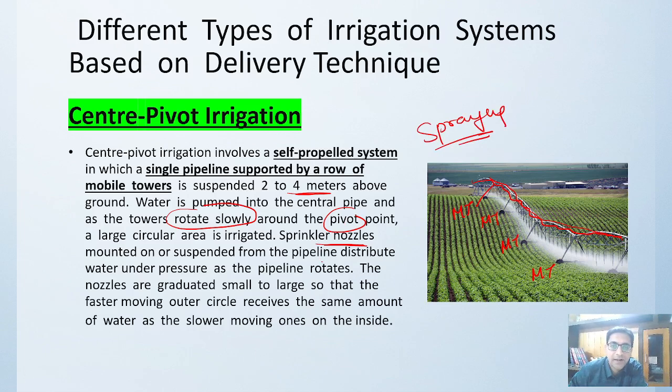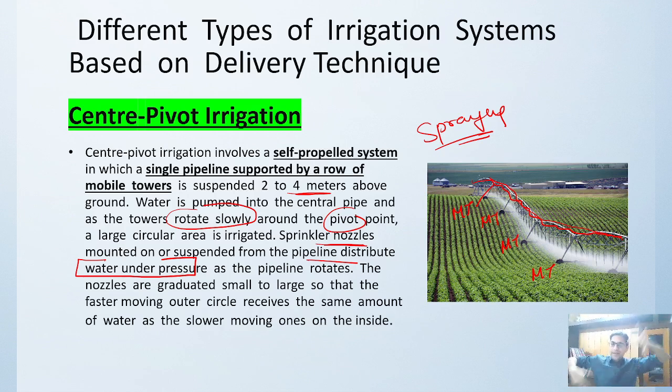Okay, so water is distributed through a pipeline under pressure when the pipeline rotates, and the nozzles are graduated small to large so that the fast moving outer circle receives the same amount. Okay, so it rotates in such a way that every part of the field gets exactly the same amount of water as the inside. Okay, so this is called central pivot.